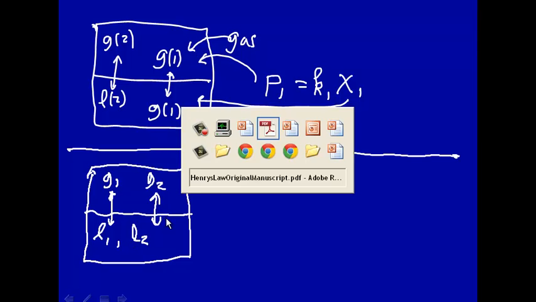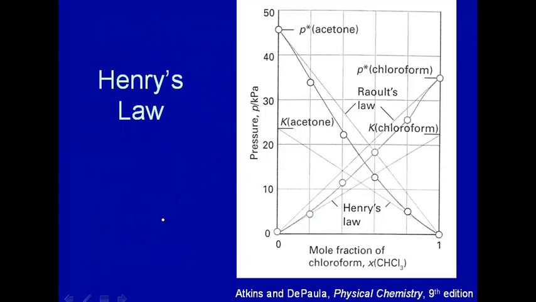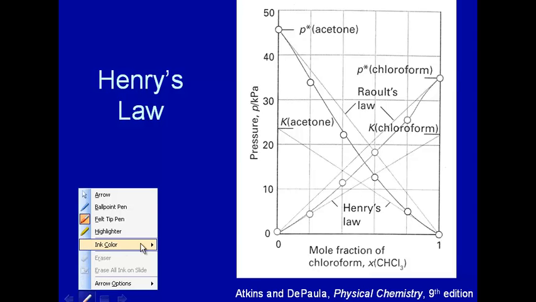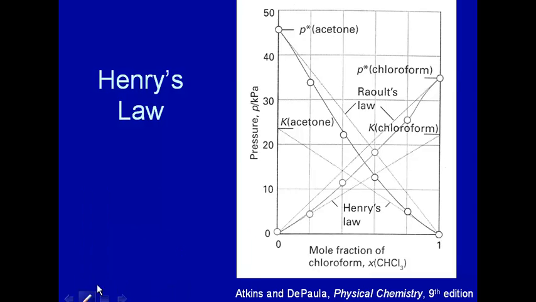Let's look at some data. This figure is taken out of the Atkins and de Paula physical chemistry textbook. What we're plotting here is like a typical Raoult's law plot. We have pressure versus mole fraction, and there are two lines. One is the partial pressure of one component, which is acetone, and the other is the partial pressure of chloroform.